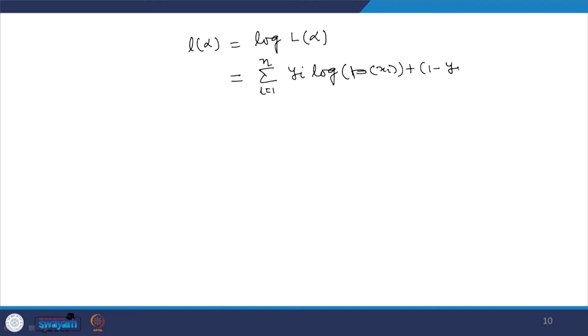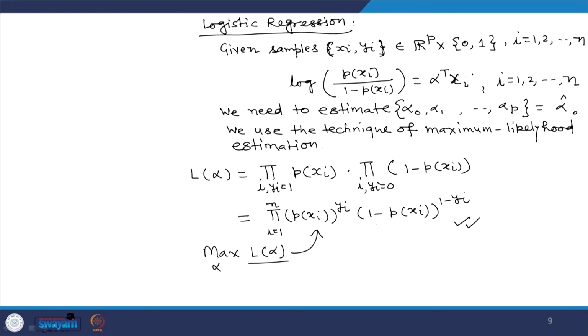I will define l(alpha), which is just the logarithm of capital L(alpha), and when I take the log of this, I can write it in a better way in summation form: y_i log p(x_i) plus 1 minus y_i times log 1 minus p(x_i).